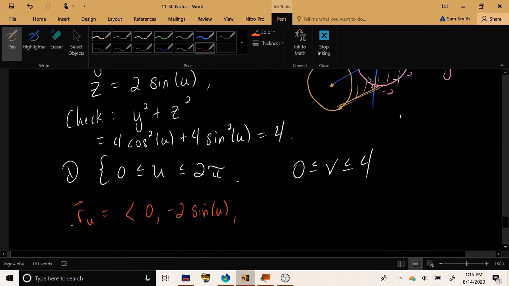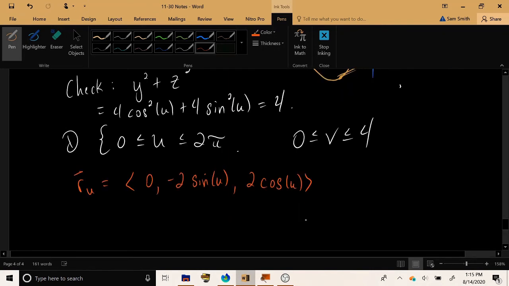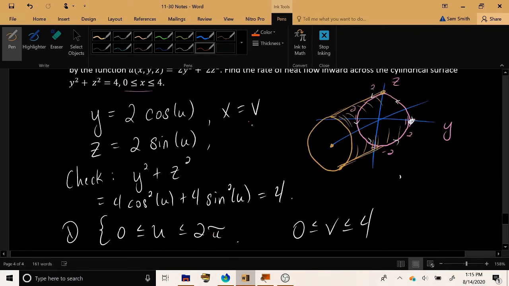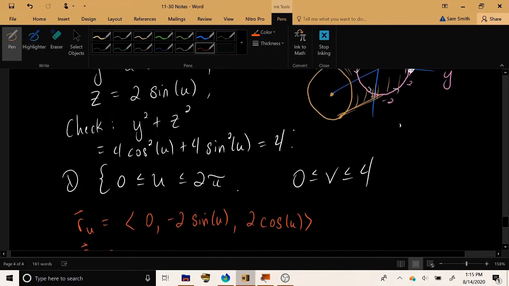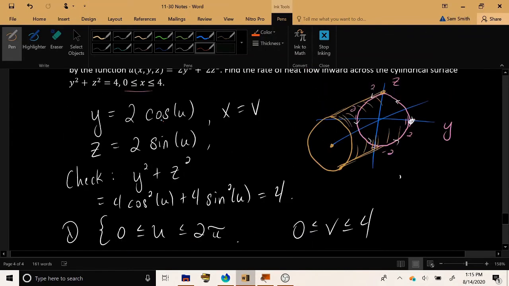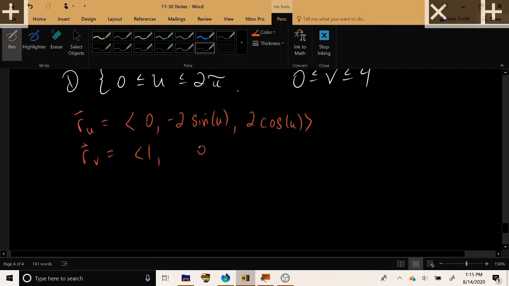And then if I take the derivative with respect to u of 2 sine u, I get 2 cosine u. If I repeat the same process, but I take the derivative in the v direction, then the derivative with respect to v of v is 1.